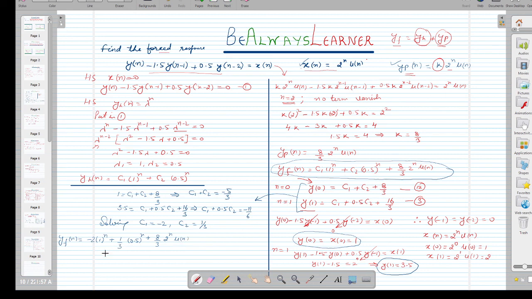Fine. So we can represent it minus 2 u[n] plus 1 by 3. For causal system we are writing 0.5 raised to the power n u[n] plus 8 by 3 2 to the n u[n], because yf is defined for n is greater than 0, so that's why we can write it like this.